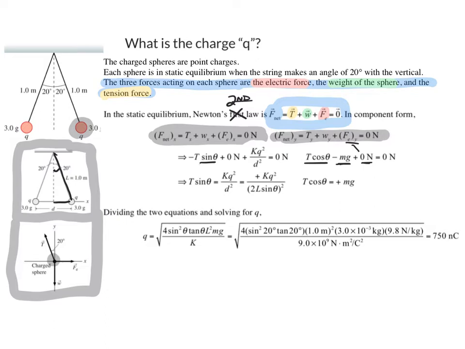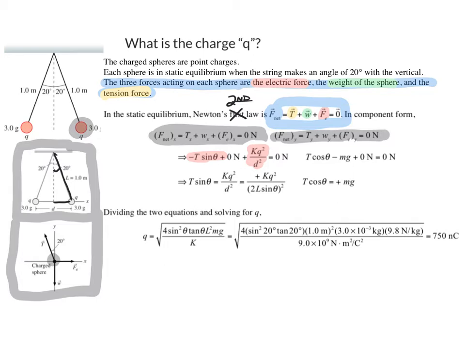So we get this equation on the y side. Let's get our bearings here. So T sine theta, why does T sine theta equal kQ squared per d squared?